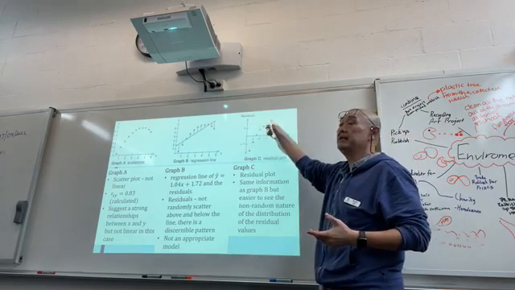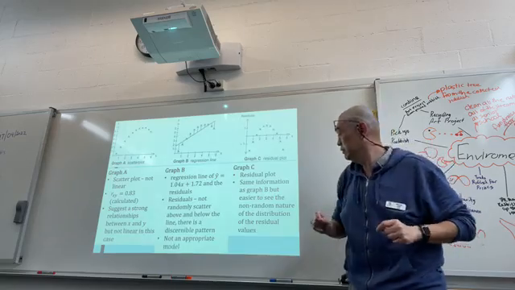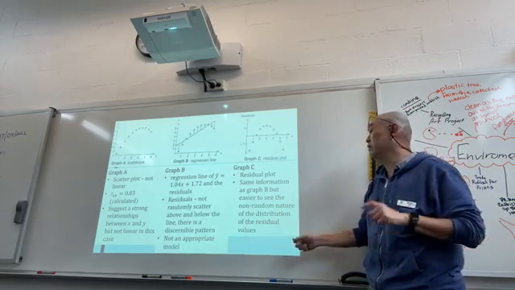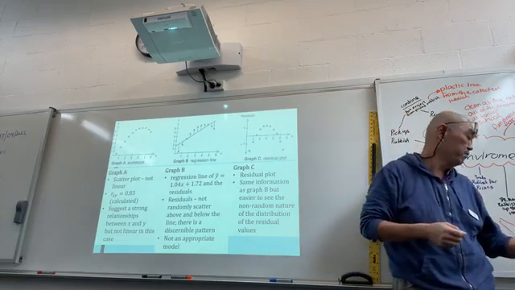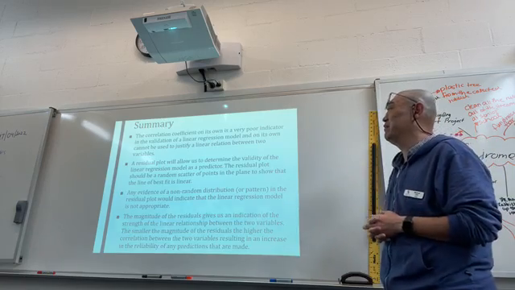And it has a pattern, and it looks like a parabola. All right, know how to describe it. Use the words non-random nature of the distribution, or random. All right, so this is basically the summary.